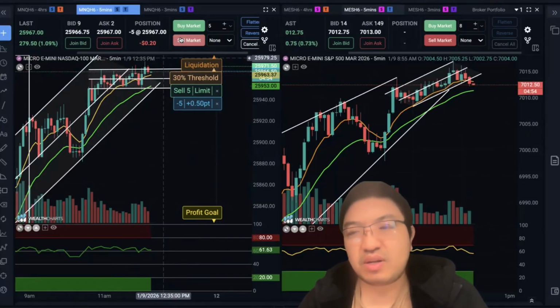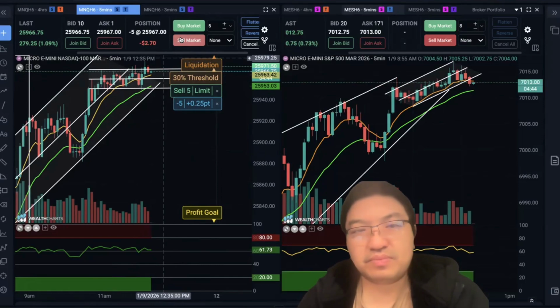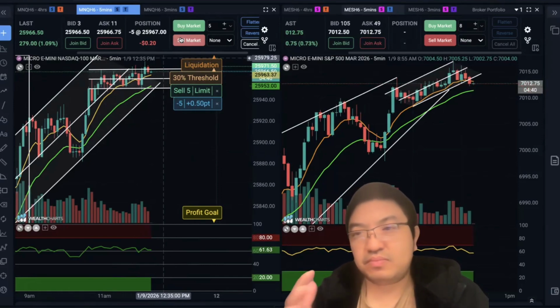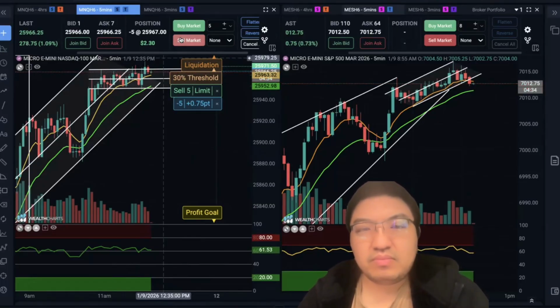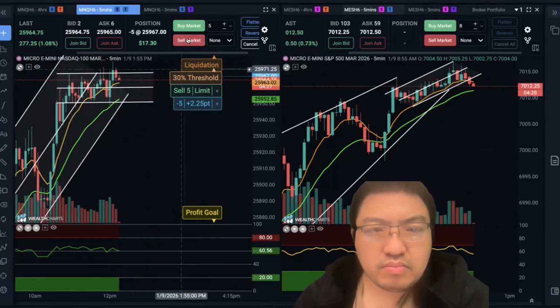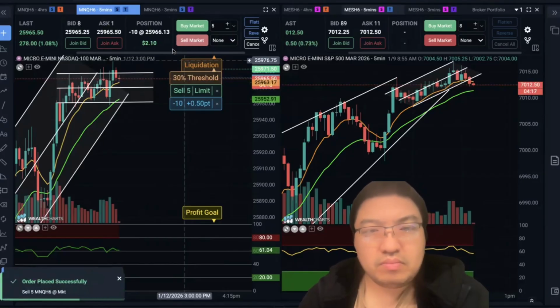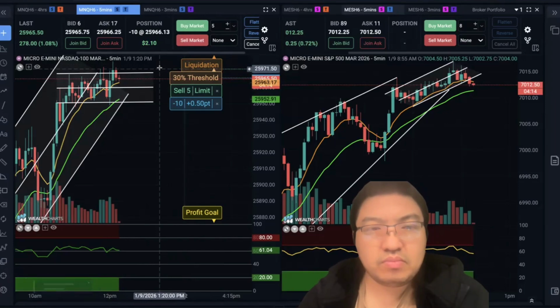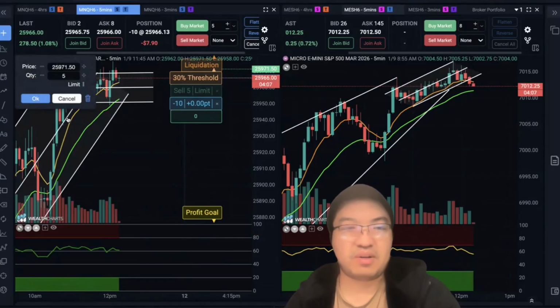See this candle. If it creates a lower low, then I add some position. No, still fine.